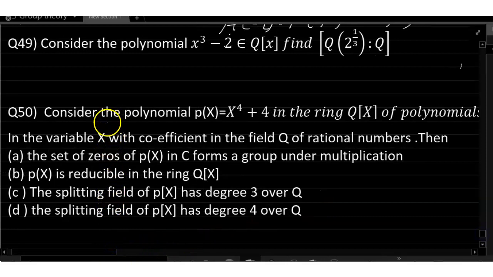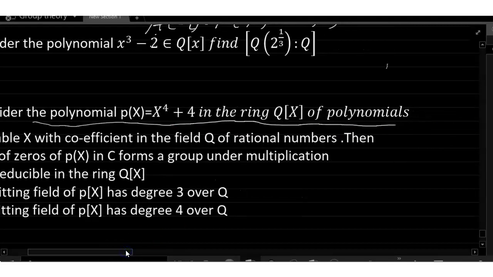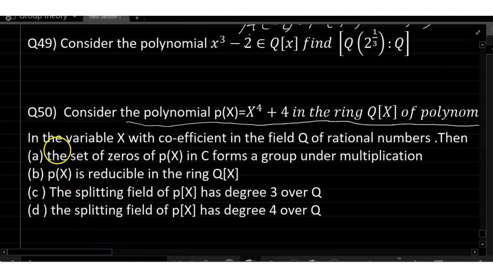Consider the polynomial p(x) equals x to the power 4 plus 4 in the ring Q[x] of polynomials, the variable x with coefficients in the field Q of rational numbers. Then the set of zeros of p(x) in C forms a group under multiplication.